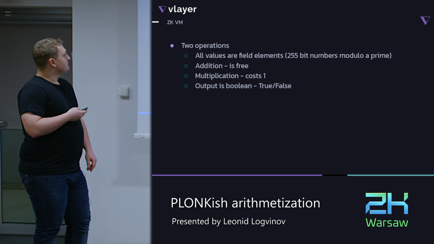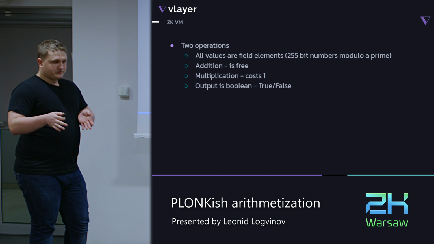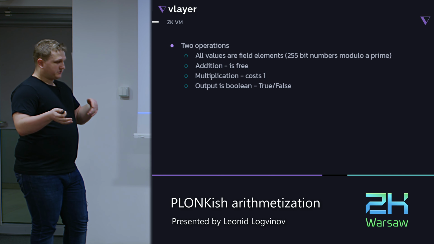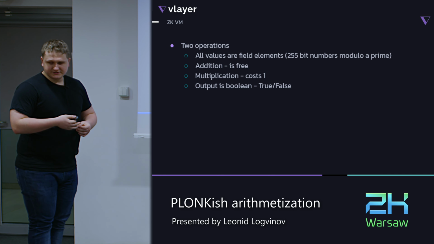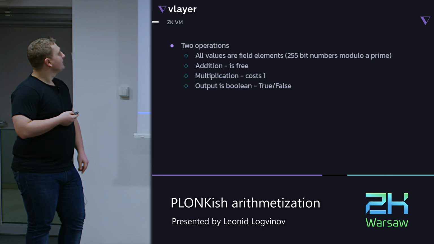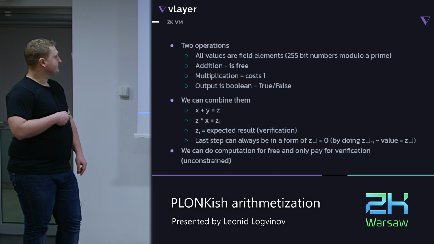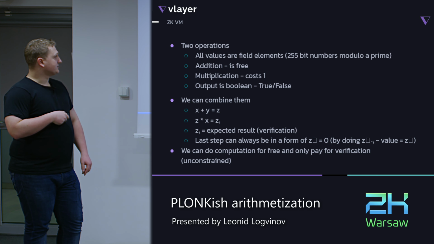So our output is Boolean, true or false, because at the end, when we compute it, we compare it to 0, and that is true or false, or we can compare two numbers together, which essentially is the same as comparing to 0, but just subtracting them from each other. And we can combine those operations. So here we can add x to y and get z, but then on the next line we can multiply z by x, essentially getting z1.